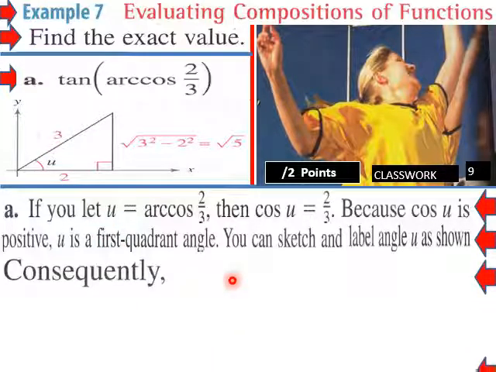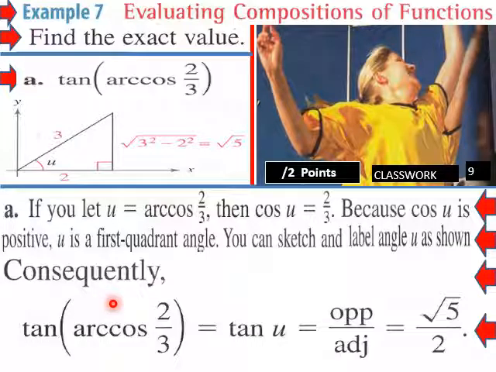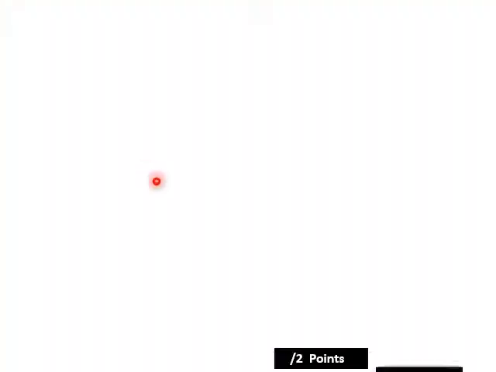Here is a diagram of cosine of u equals 2 over 3. This will be your triangle here. You can sketch and label angle u as shown. Consequently, the tan of arc cosine 2 over 3 equals tan u, which equals opposite over adjacent. So in this case, diagramming this out, you can fill in your values here for tan, which is square root 5 over 2.